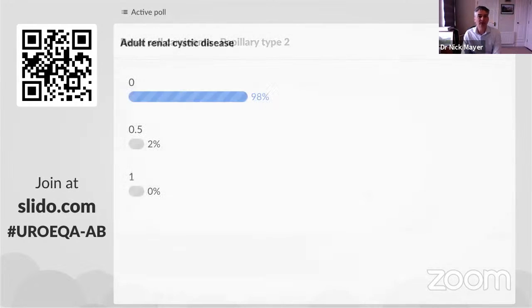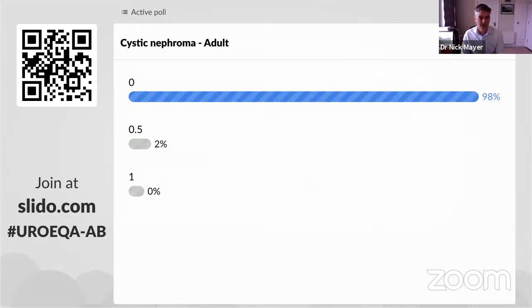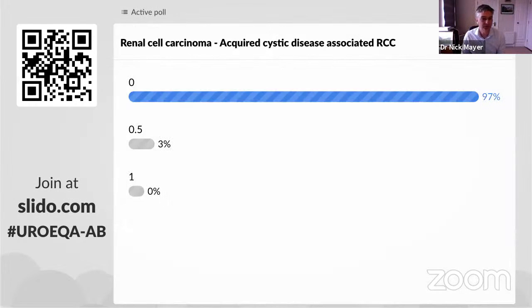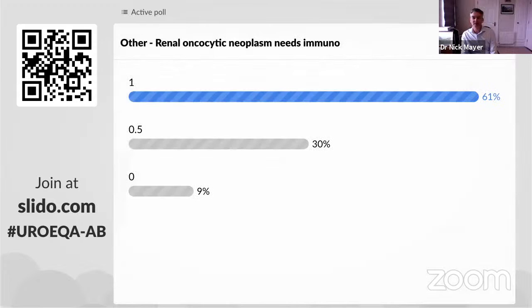Papillary 0. Adult renal cystic 0, collecting duct 0, cystic nephroma adult 0, acquired cystic disease RCC 0, hereditary 0, unclassified 0, and very good. You kindly gave the last one full marks, so very good.